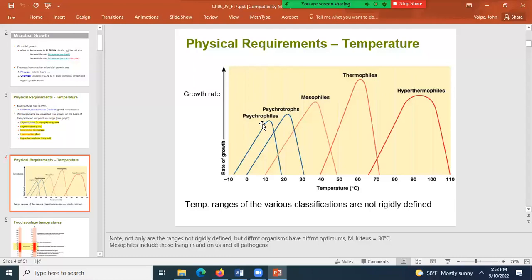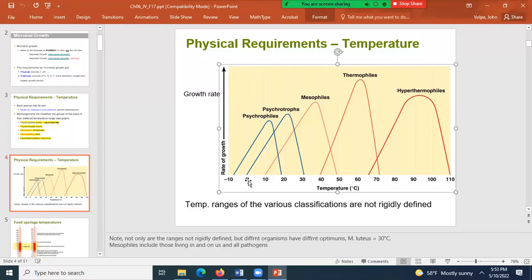Well, if that psychrophile did not make antifreeze within the cell, it could not grow below 0 degrees because the cell would freeze. And then the cells which are growing below 0 degrees, these are cells that are putting antifreeze or some chemical that acts as an antifreeze into their cells. Any question about any of that?